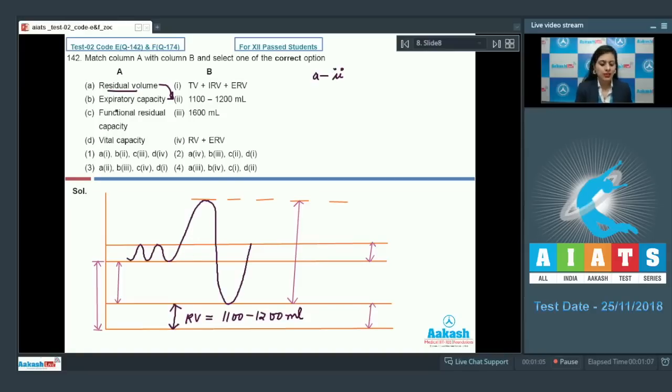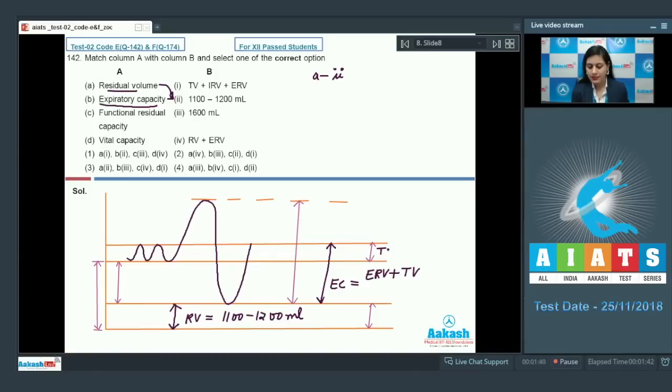The second option is expiratory capacity, which is a combination of expiratory reserve volume and tidal volume. So this represents expiratory capacity, which is equivalent to expiratory reserve volume as well as tidal volume.